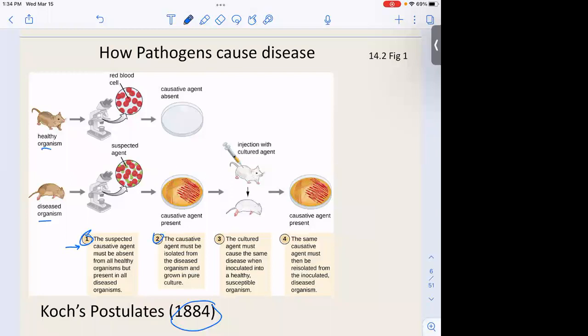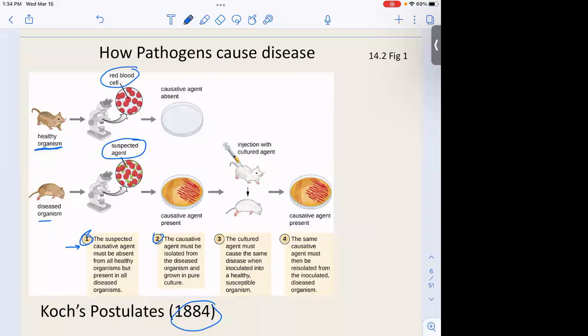So if he took an animal that died of some infection, say pneumonia, and took a tissue sample, he could find certain microbes in that sample that were not present in a healthy organism. That's not easy to do, to take a tissue sample and see what you can find.